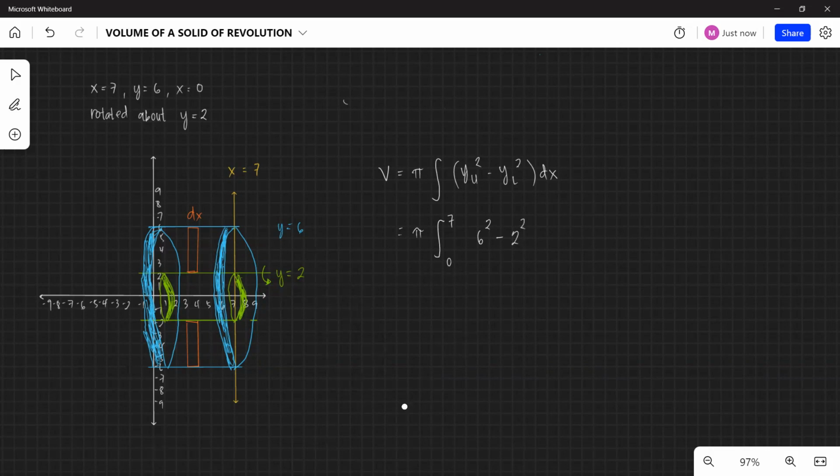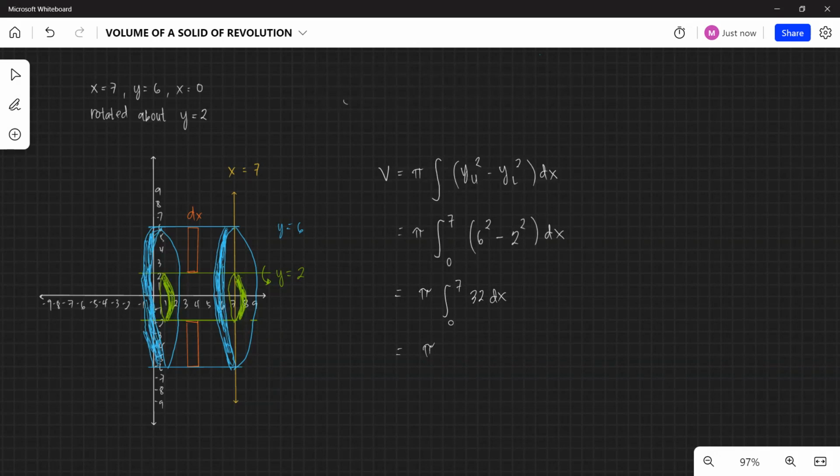It's constant. So we have pi times the integral of 36 minus 4, which is 32, dx, from 0 to 7.